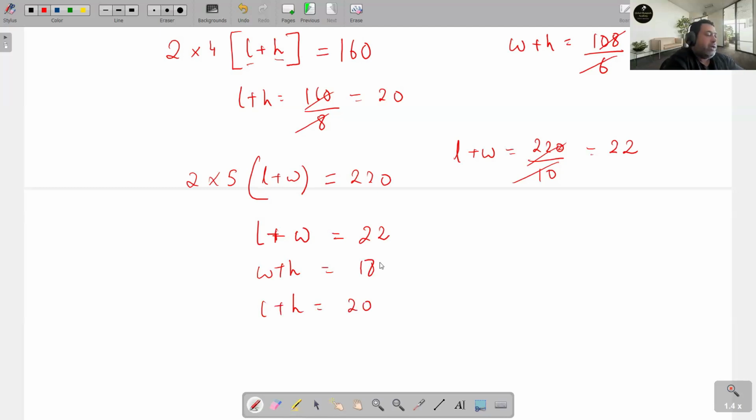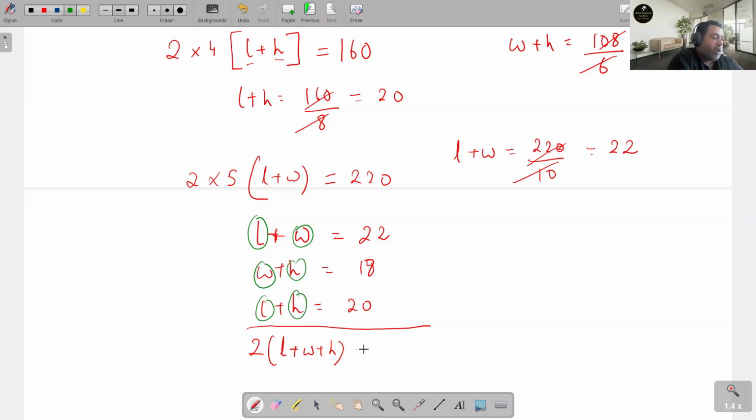Right. We can find this by comparison also, but there is an easier way because these equations are symmetrical in nature. We can add all these up and we'll get 2 times L plus W plus H, because there are 2 L's, 2 W's and 2 H's here. If you add them up, you'll get 60.